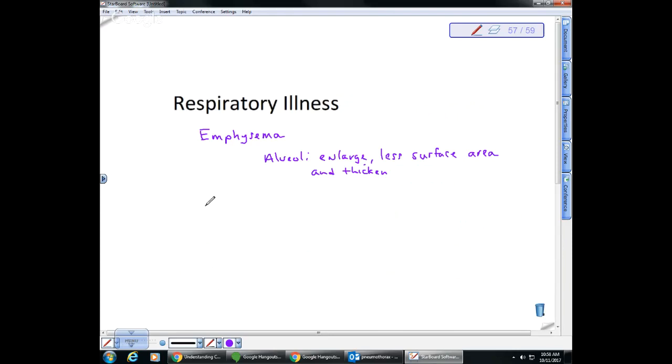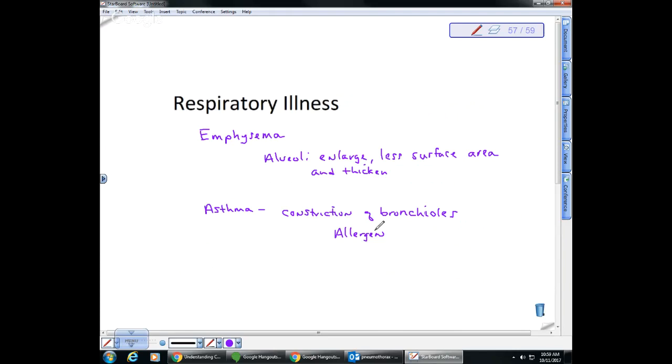Now this is different than asthma. Asthma is generally due to a constriction of the passageways, so constriction of the bronchioles. And this could be due to an allergy, so exposure to an allergen. Oh, I can't spell bronchioles today. It could also be due to exercise.